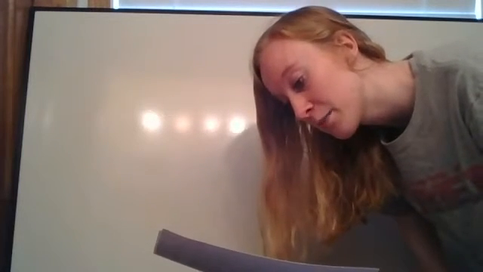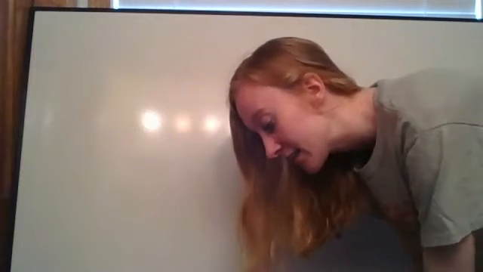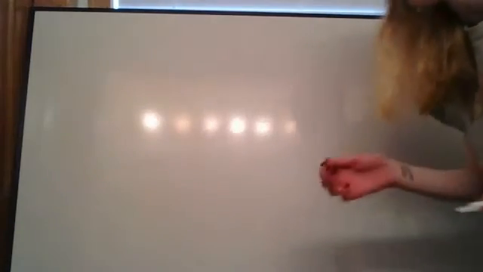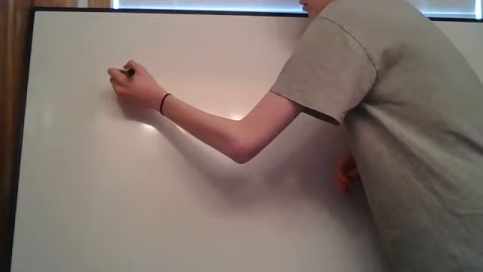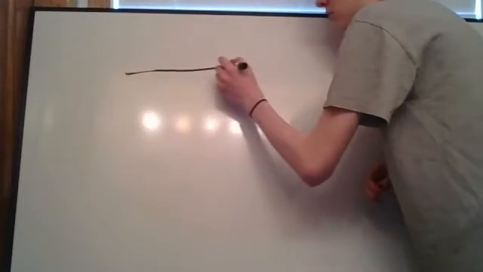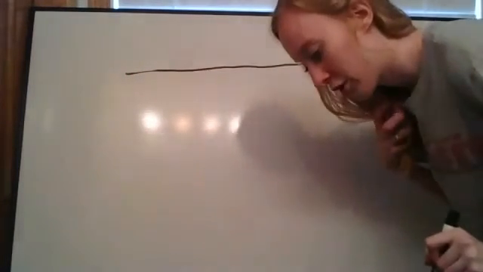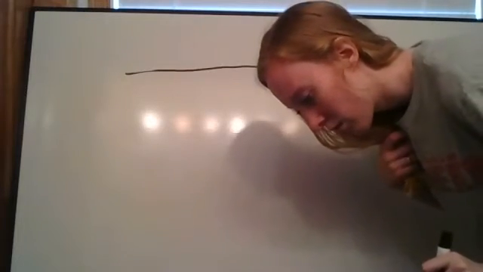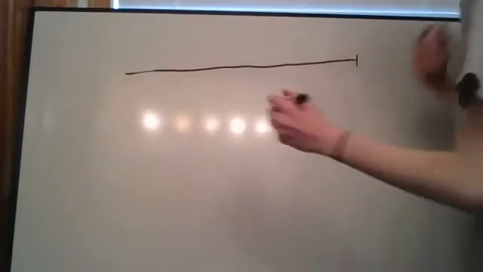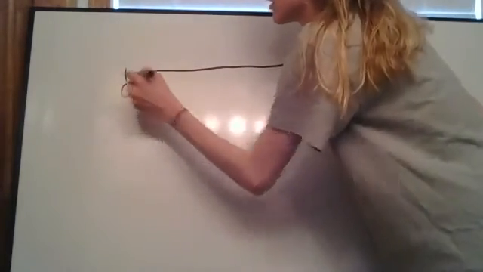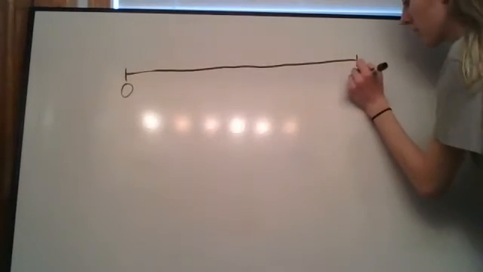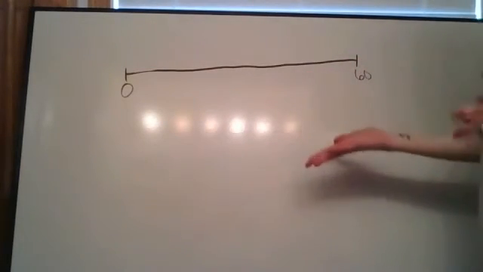Draw a number line to model the problem and write an equation to solve. Let's do a number line. And there are no times. So we're just going to go ahead and do 0 and 60 again, because that's just minutes in an hour.